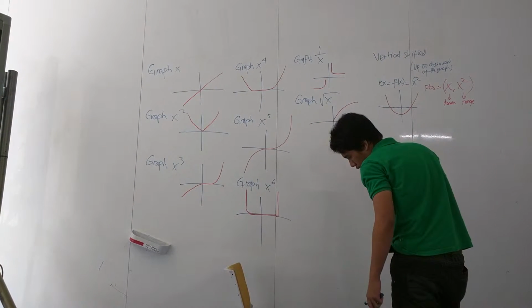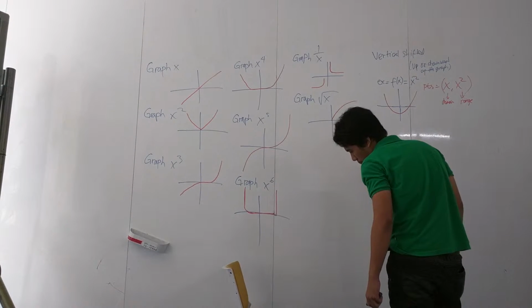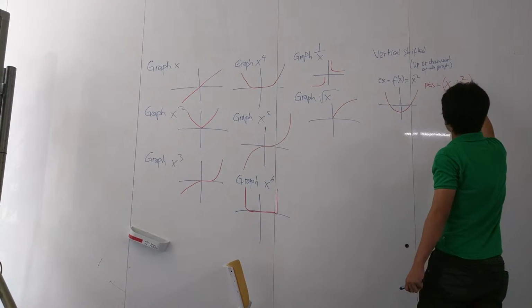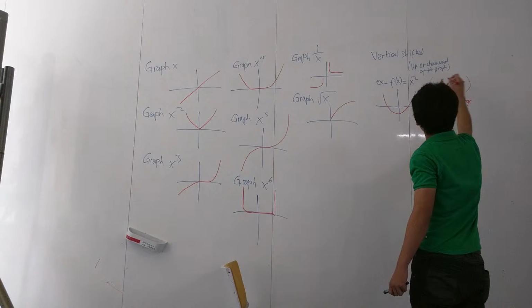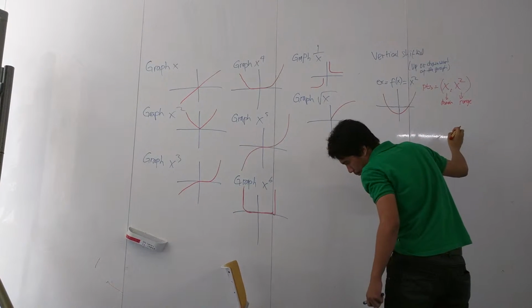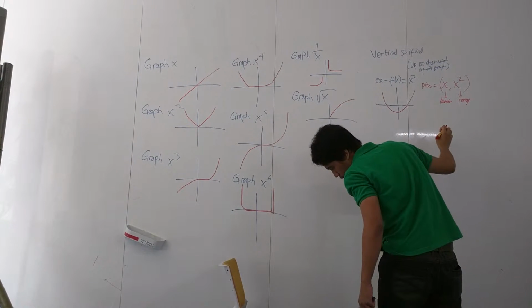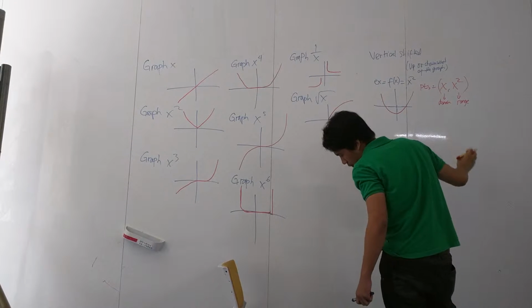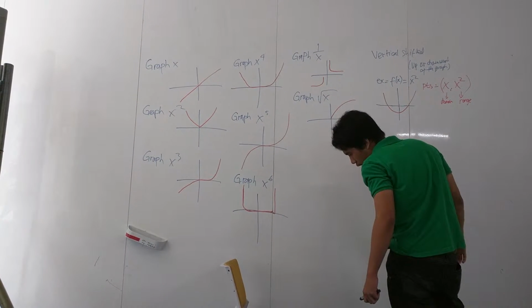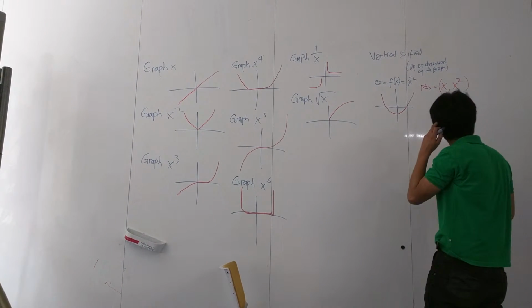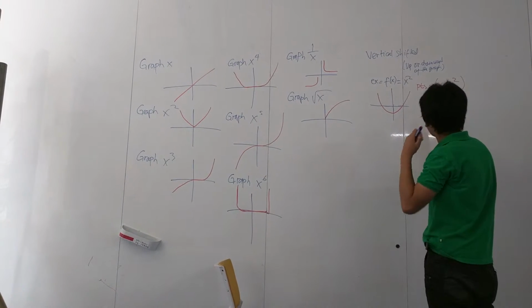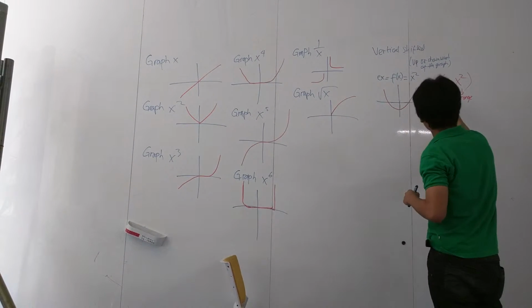Actually it depends on the c. A vertical shift is determined by the constant, for example the c.